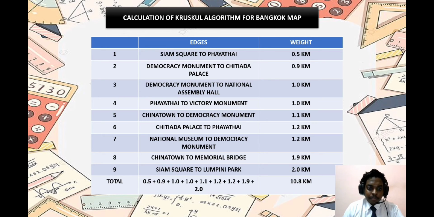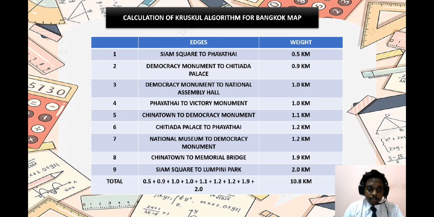The fifth edge is Chinatown to Democracy Monument. The weight is 1.1 km. The sixth edge is Chitiada Palace to Payathai, which the weight is 1.2 km. The seventh edge is National Museum to Democracy Monument, which the weight is 1.2 km.